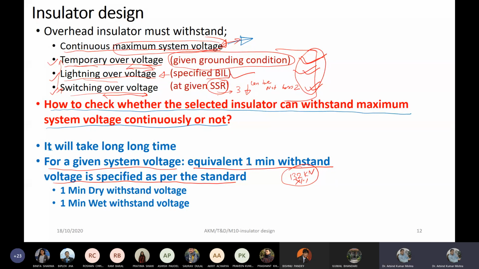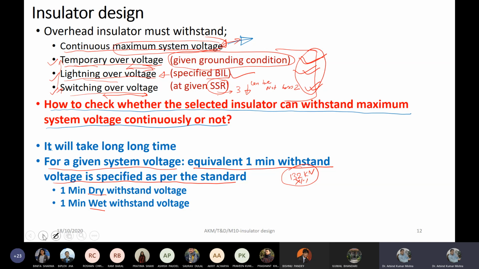And since overhead line insulators are exposed to the free atmosphere, sometimes they are dry and sometimes wet. I have also discussed with you that the creepage path or the flashover distance during the dry condition and during the wet condition are not the same.